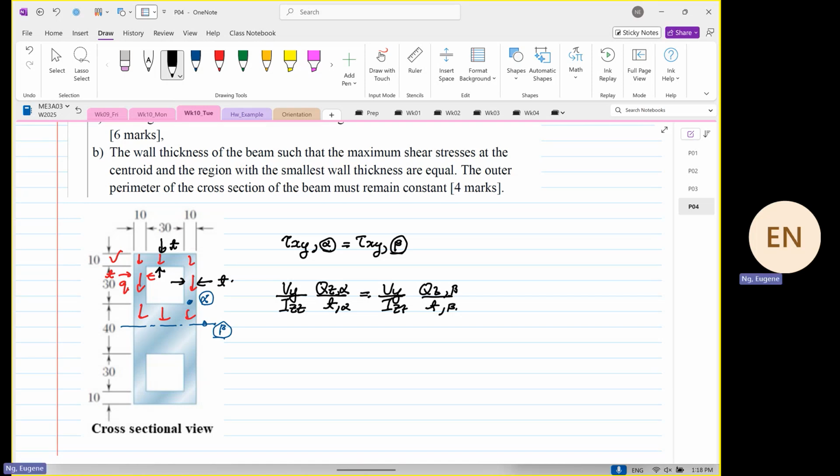It will vary, right? But what did I say about one of the rules? V and I are constant regardless of the point of influence. You can drop this term. So you just need to find Qz alpha over T at point alpha, and Qz beta; T at beta we already know. Pretty clear. That's how we solve it.